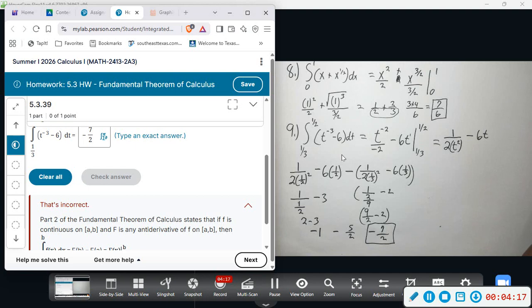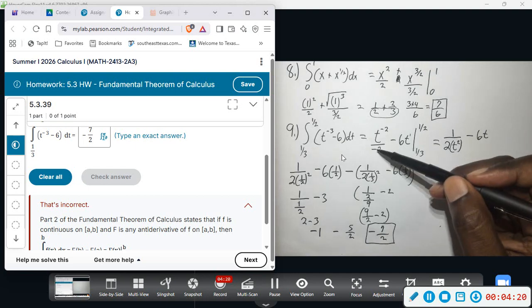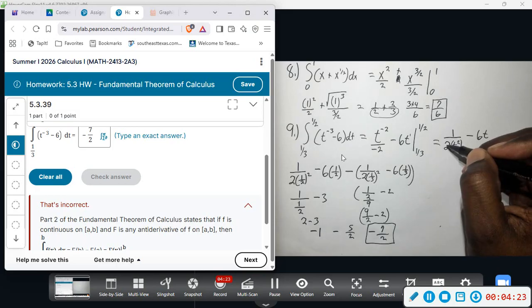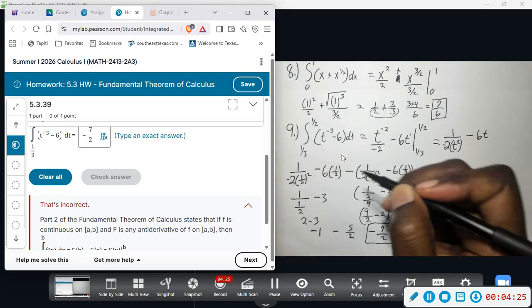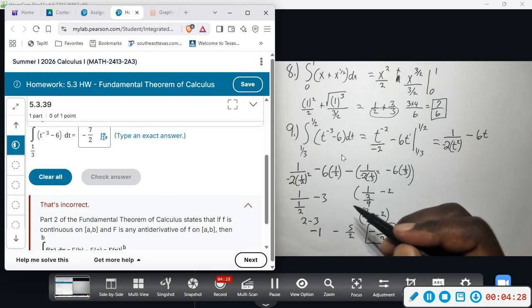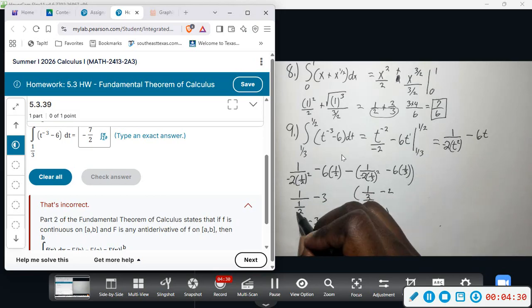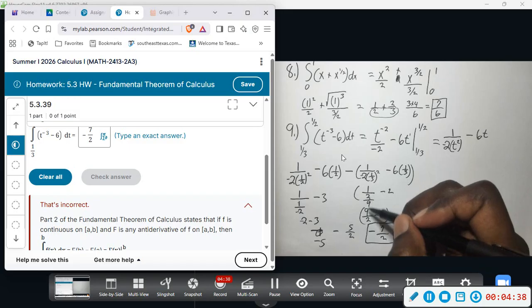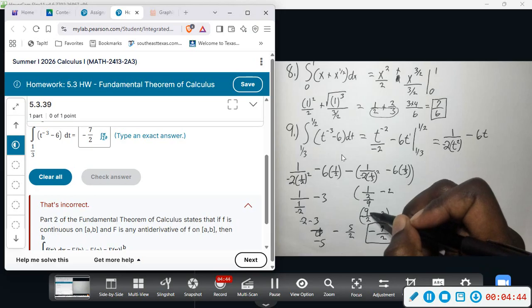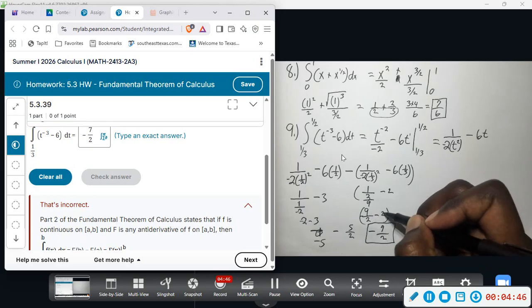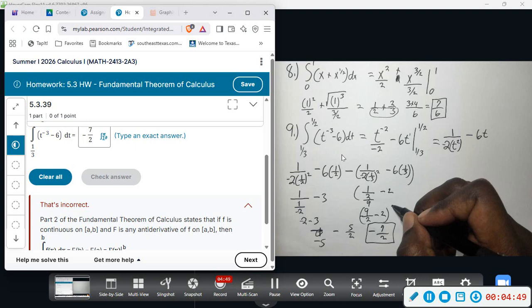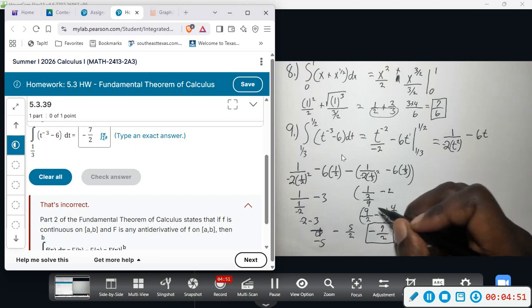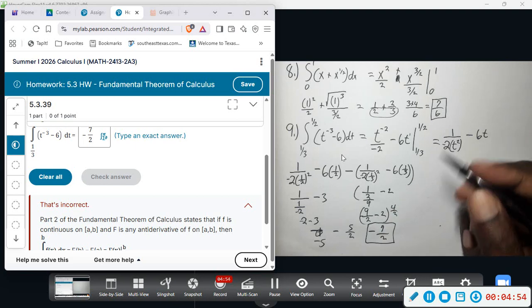See, I lost my sign when I had -2. I made it positive right here, so all these 2's should be negative, and that will make this negative, so this is a -5, and then this will be negative, so instead of subtracting, I'll be adding, so we have a 9, 2/2, let me write this as a 4/2. 9 plus 4 will give me 13/2.